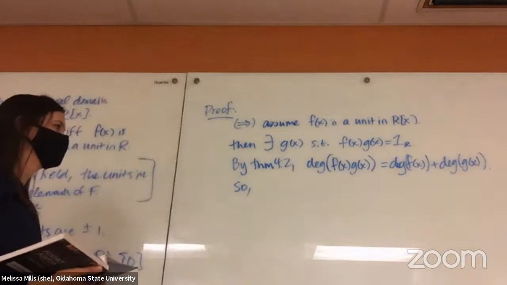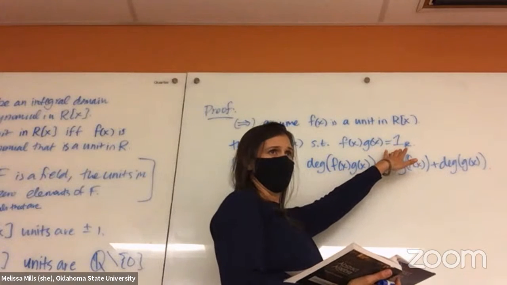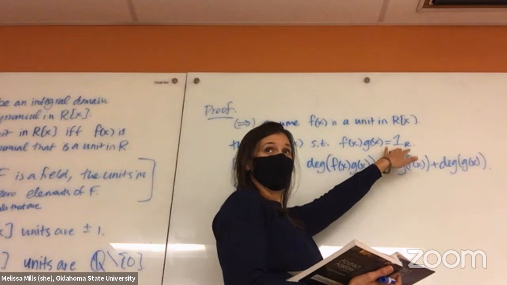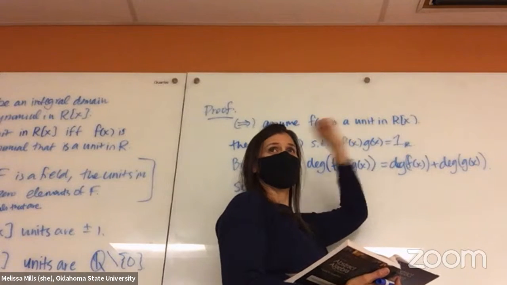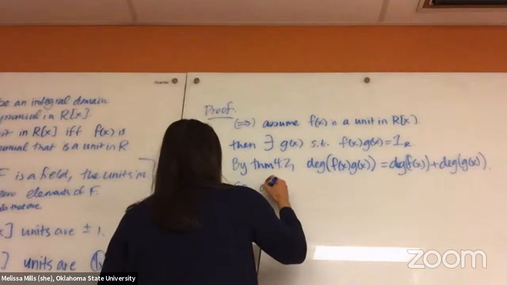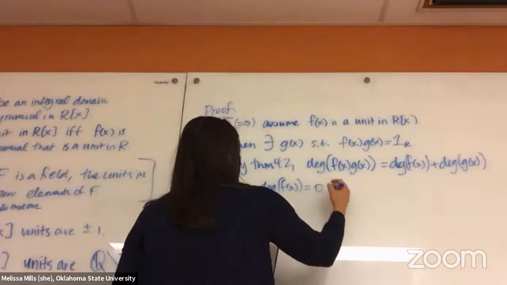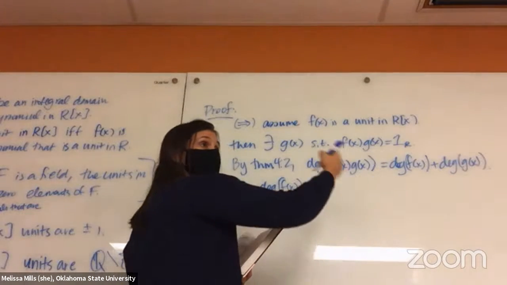Well, what's the degree of 1R? It doesn't have any x's in it, so it's a 0 degree polynomial. So that means the degree of f of x plus the degree of g of x equals 0.